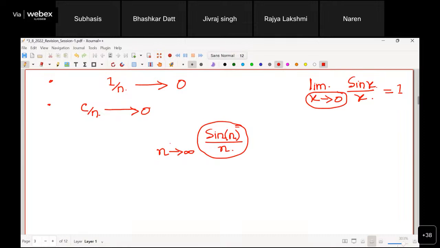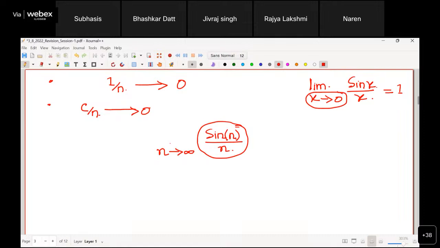But L'Hospital's rule applies for infinity by infinity form or 0 by 0 form also, right? Yeah, infinity by infinity form you can apply L'Hospital, 0 by 0 form also, but this is not in infinity by infinity form. It is not even of the form 0 by infinity. If n goes to infinity, you don't know where sin n will go.